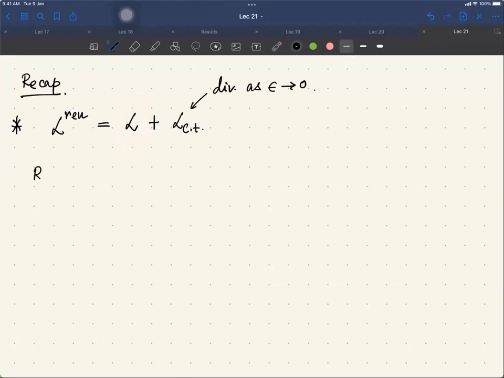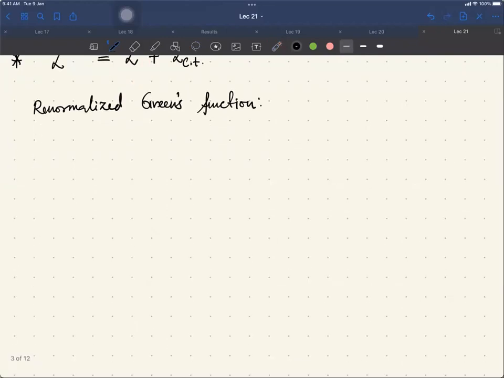Then the renormalized Green's function is given by a path integral over phi, where there are n phi's, with a path integral measure given by e to the power minus integral of L renormalized.